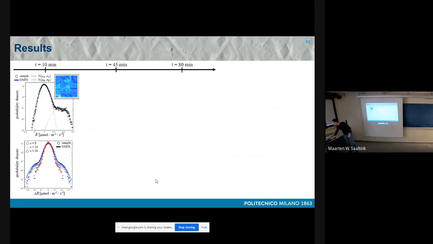And just to give you an idea about how well it can interpret the data. Of course, we developed a procedure to come up with an estimate of all these parameters. I'm not going into the details of that procedure.